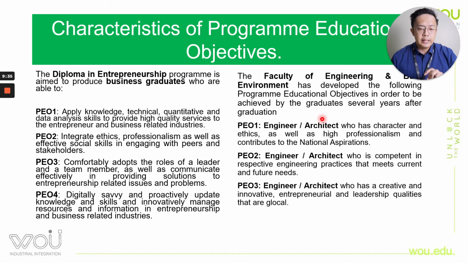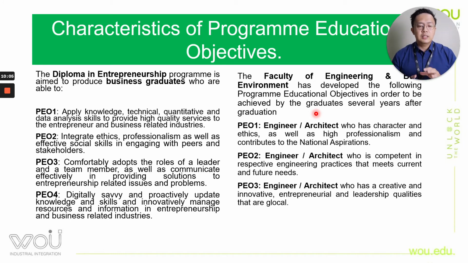Obviously, engineer and architect are two different professions, but how come they can share the same set of program education objectives? Is it allowed? The answer is yes. Go back to your understanding of program education objective. It's basically like your department or school vision and mission, that you want to produce a graduate who possesses a certain skill set after graduating from a program 4 to 5 years.